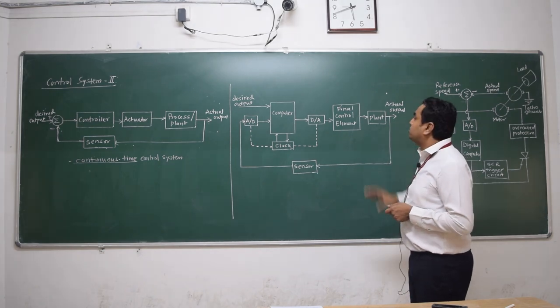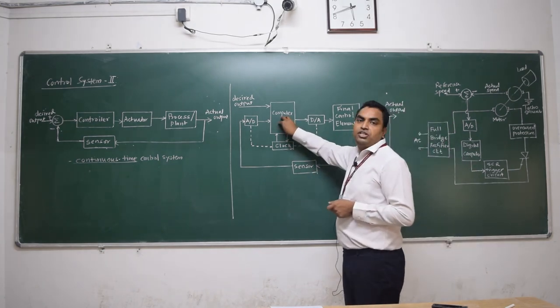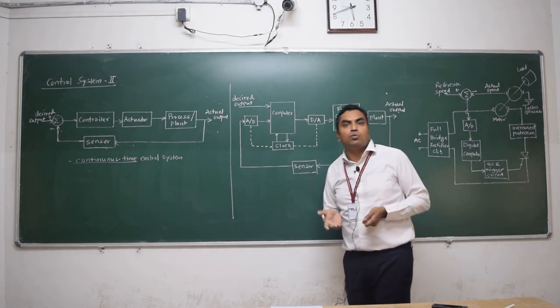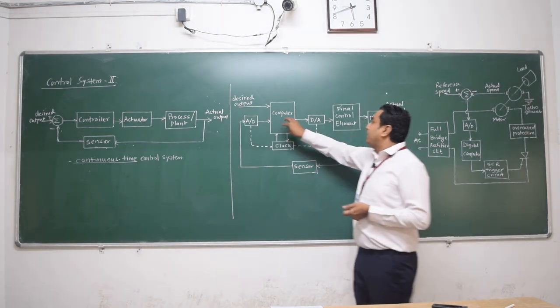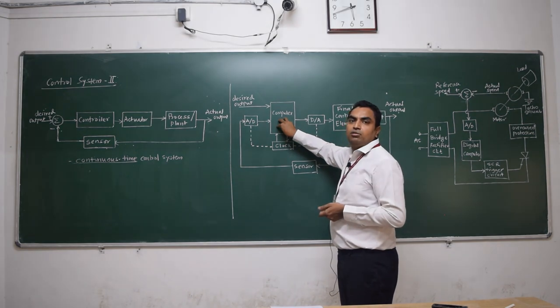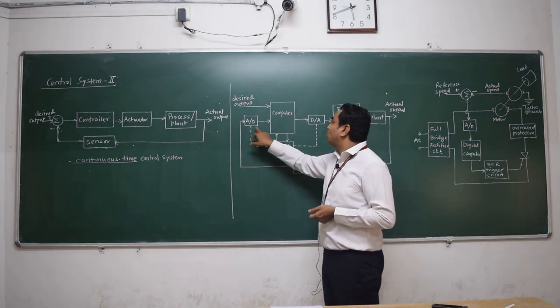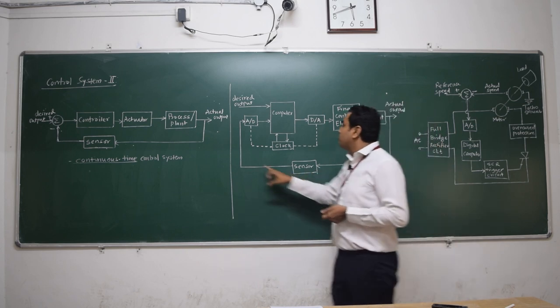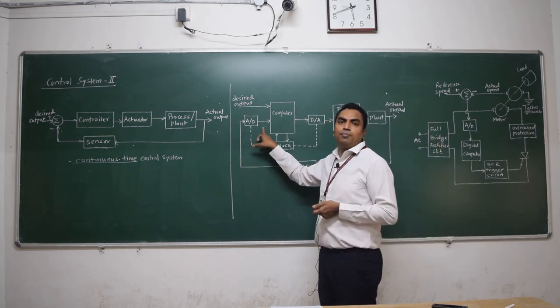So what we have in a digital control system is a digital computer, which can be a microprocessor, microcontroller, or digital signal processor, right? We need an analog to digital converter which will convert the actual output from the sensor into the digital form.